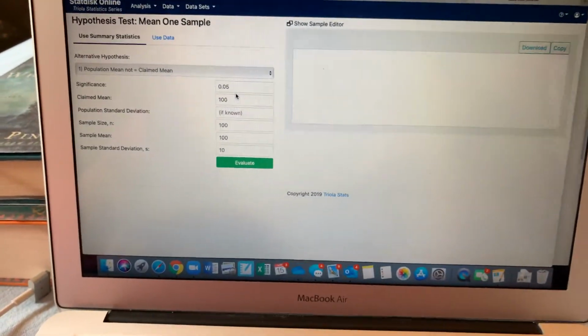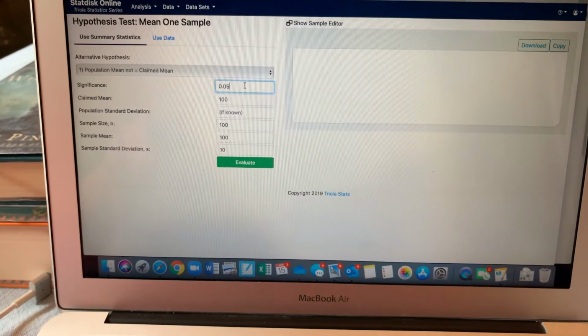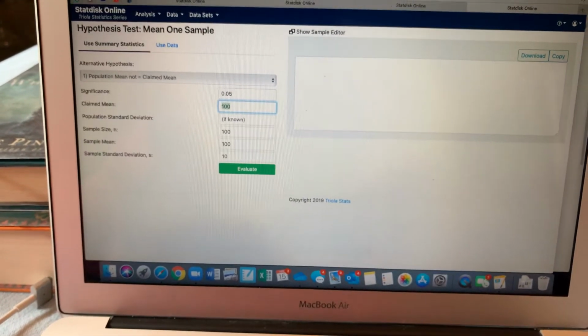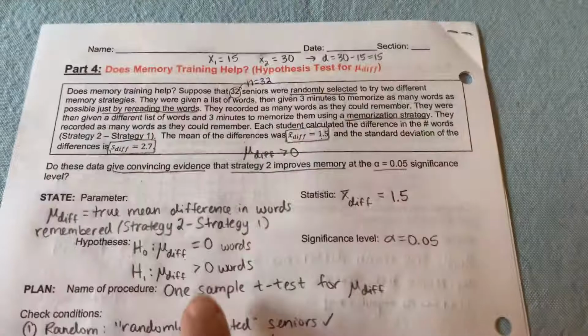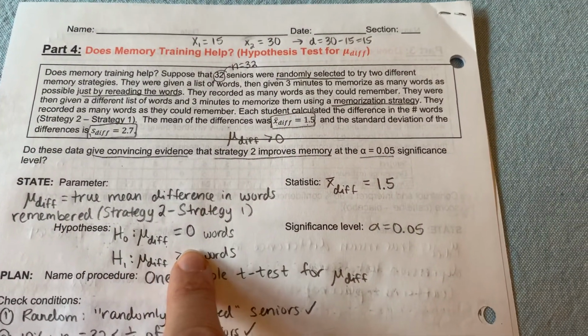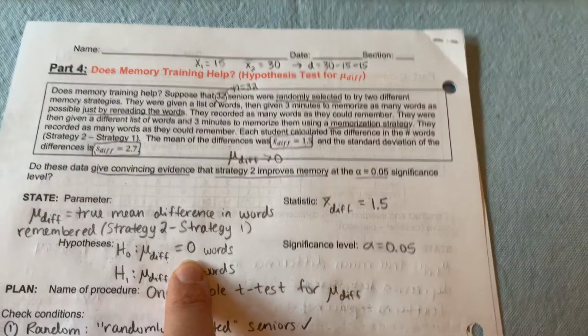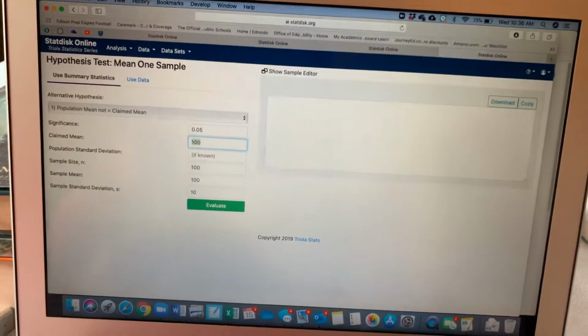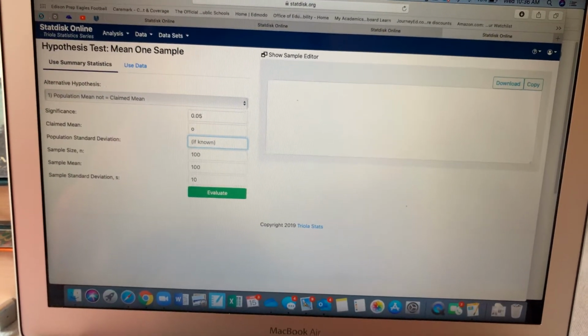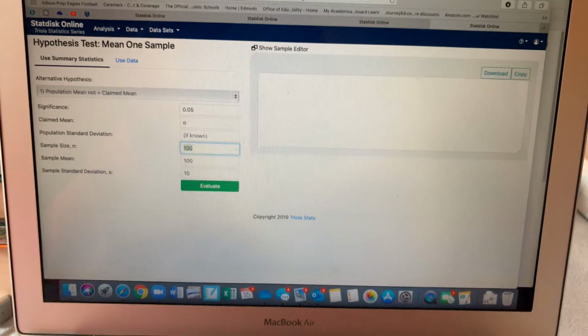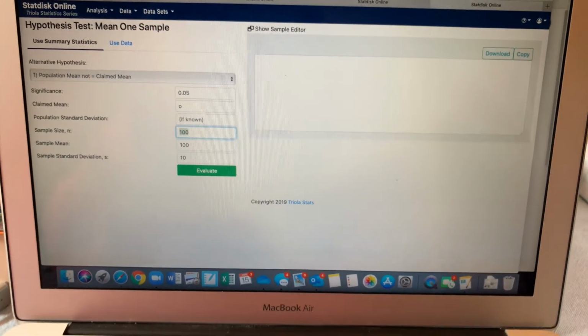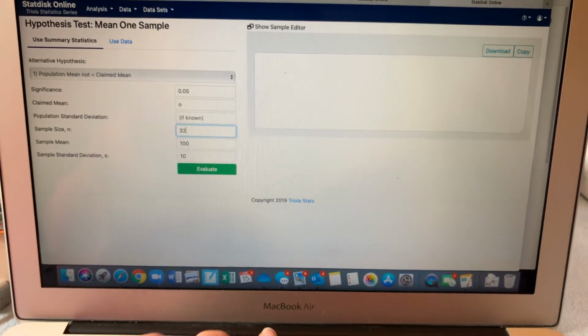Okay, so we come up here, we enter our significance level is 0.05, that's fine. Then our claimed mean, again, we look at our hypothesis. The null hypothesis is that the difference is 0 words. That's always going to be the case. So our claimed mean is 0. We do not know the population standard deviation. We skip that. The sample size was 32, right?